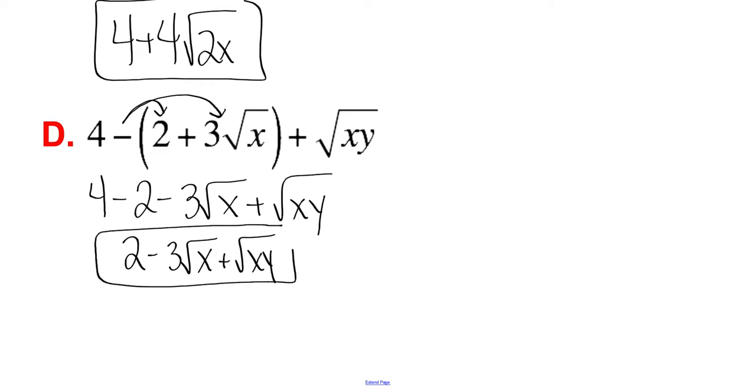And that's it, okay? Now, you might be thinking, well, why can't I put this one with this one? Because there's an x in both of them. Well, it has to be exactly the same thing underneath the radicals in order to add or subtract them. When it comes to multiplication and division, you can multiply and divide whatever you want, but when it's addition, they have to be the same, okay?